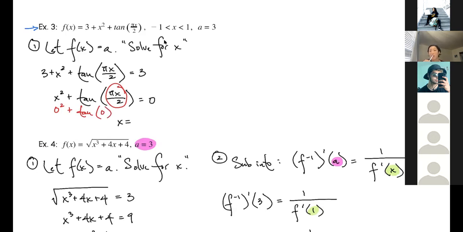So this is where, if you took trig with me, I was like, you need to know your unit circle values. And this is precisely the context where it becomes useful, because we need to remember what tangent of 0 is. And it turns out that tangent of 0 is 0, which is why we can say x equals 0 satisfies this equation. Okay.